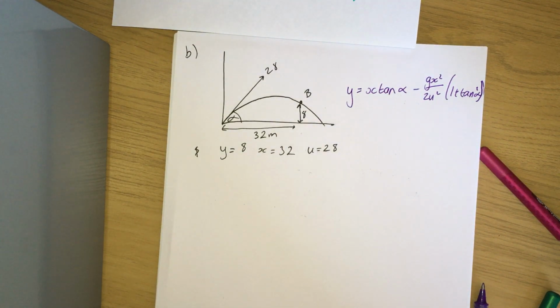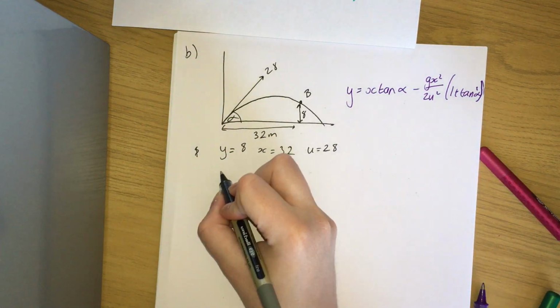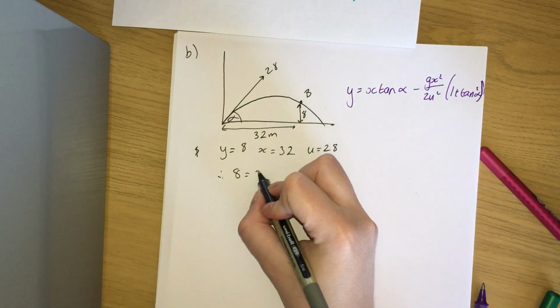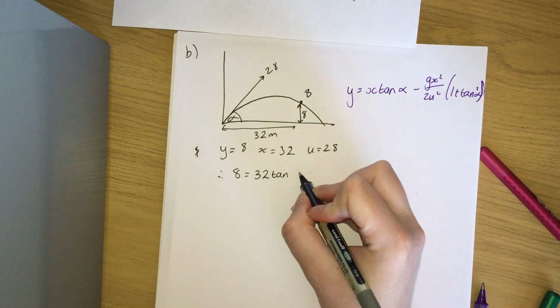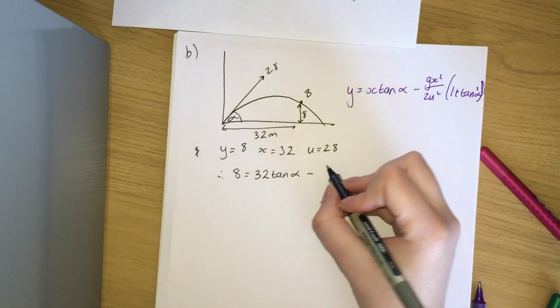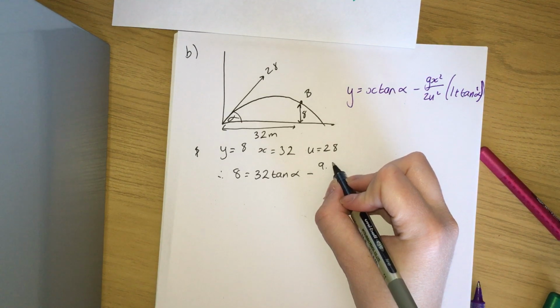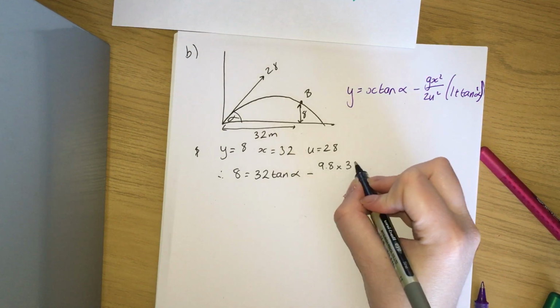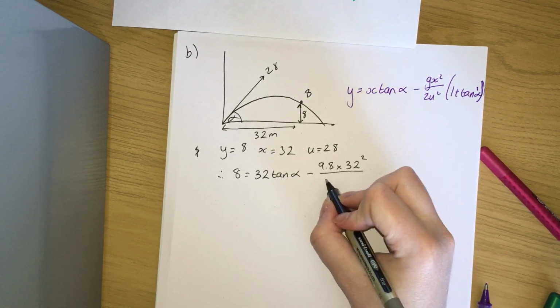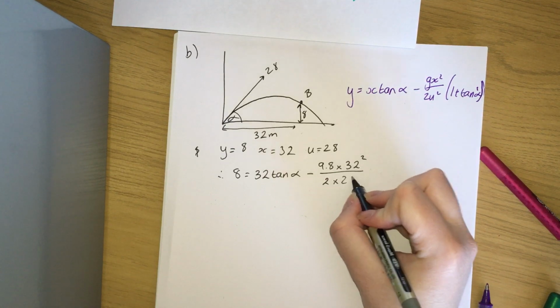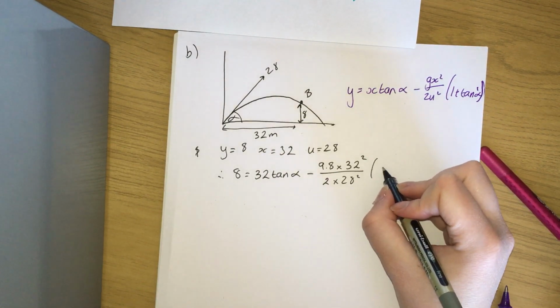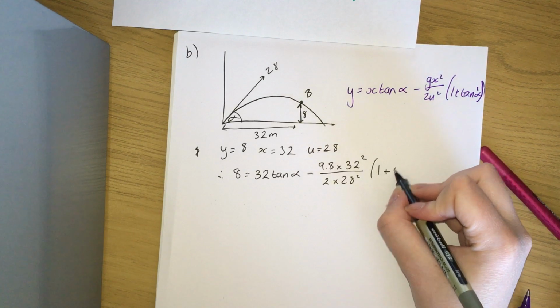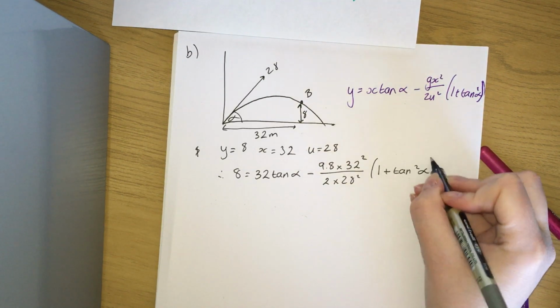We know g is equal to 9.8, which we would assume in this question. So therefore 8 is equal to 32 tan alpha minus 9.8 times 32 squared over 2 times 28 squared, brackets 1 plus tan squared alpha.